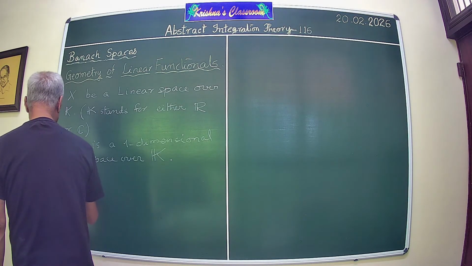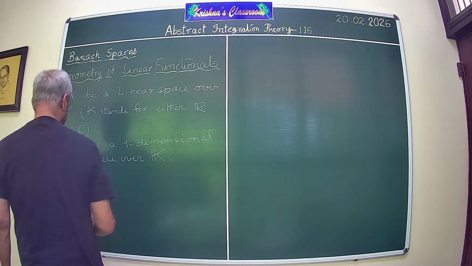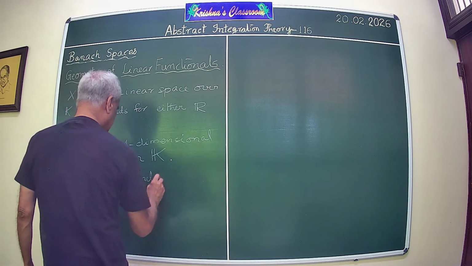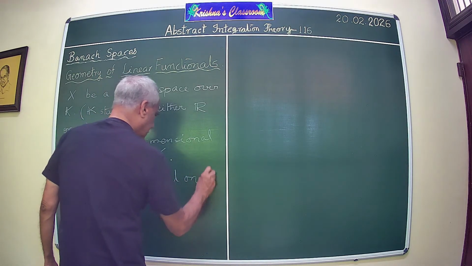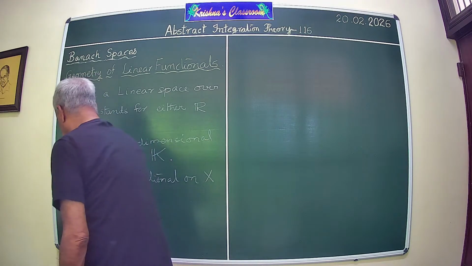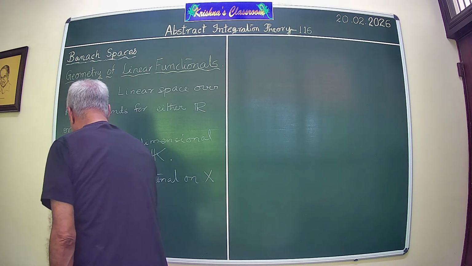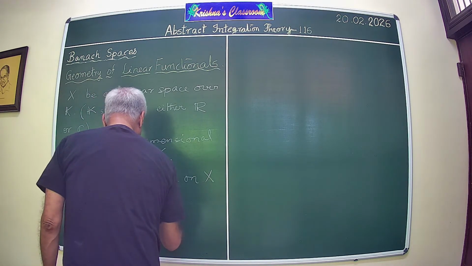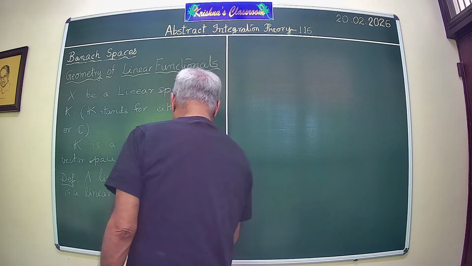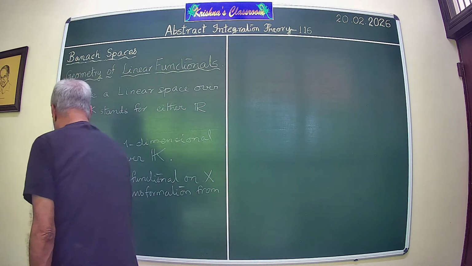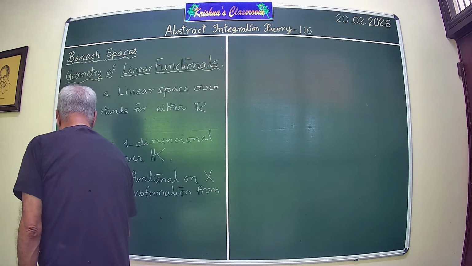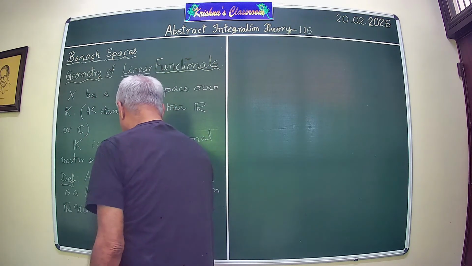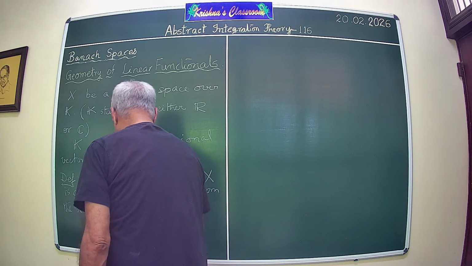Definition: a linear function on X is a linear transformation from the vector space X into K.